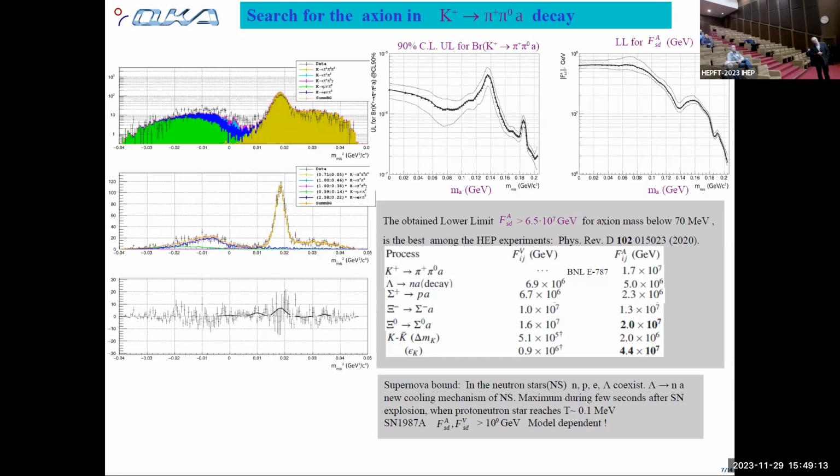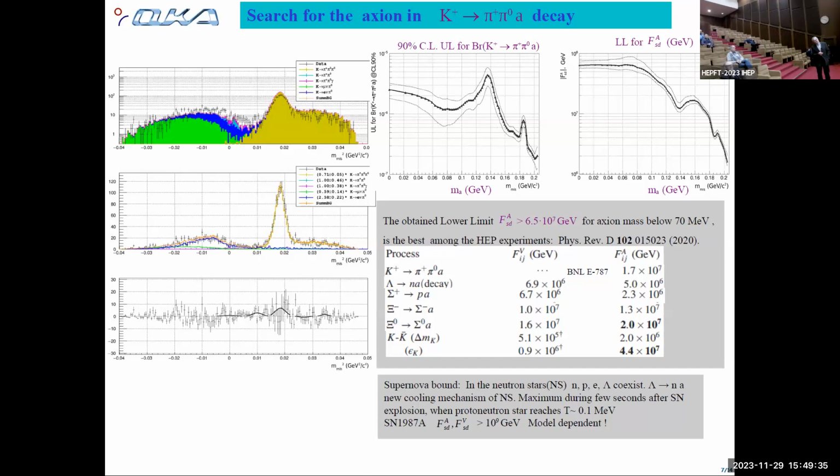This constant has a dimension of GeV, and you see it's in the most interesting region of low mass. It has a value of 6.5 times 10 to the 7 GeV.